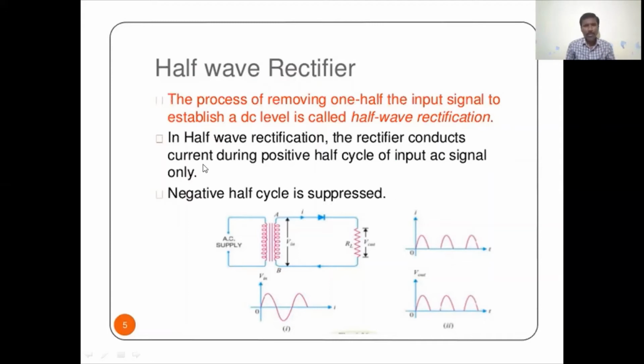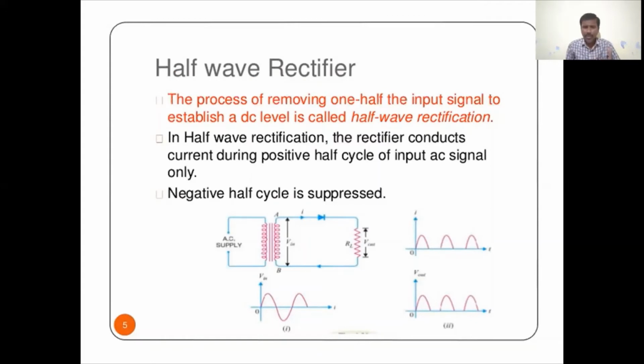What does this mean? When the positive half cycle acts as the input signal to this diode, then only is current conducted. The negative half cycle is suppressed.